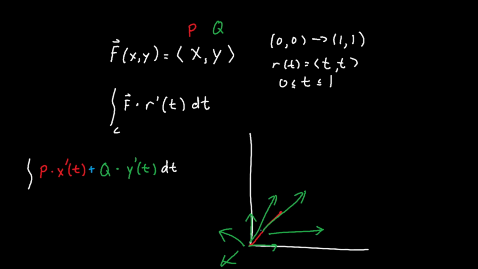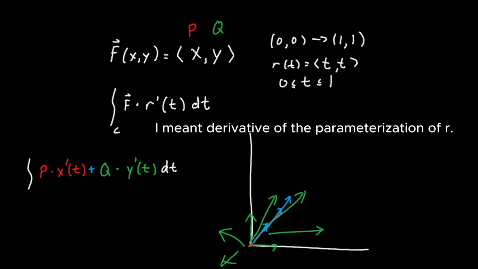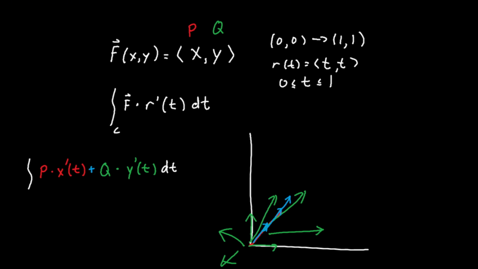So this is your vector field, and let's say you have tangent vectors like in blue right here, given by your parameterization of r. So you're just dotting your green arrows with your blue arrows, and that calculates work. All right, if you've taken a mechanics physics class, you know that the dot product between force and displacement is going to be your work.